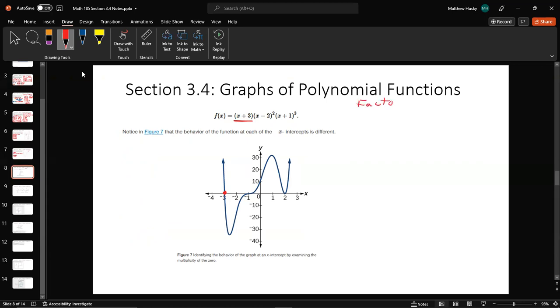Each thing in parentheses is a factor. So the factors, let's actually write the x down. You have x plus 3, you have x minus 2. That's the next thing in parentheses. We're going to ignore the power there for the moment. And then we've got x plus 1.